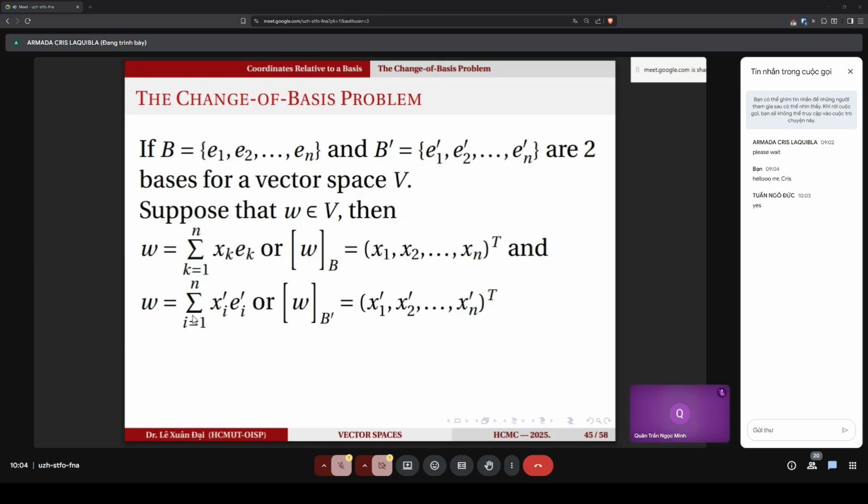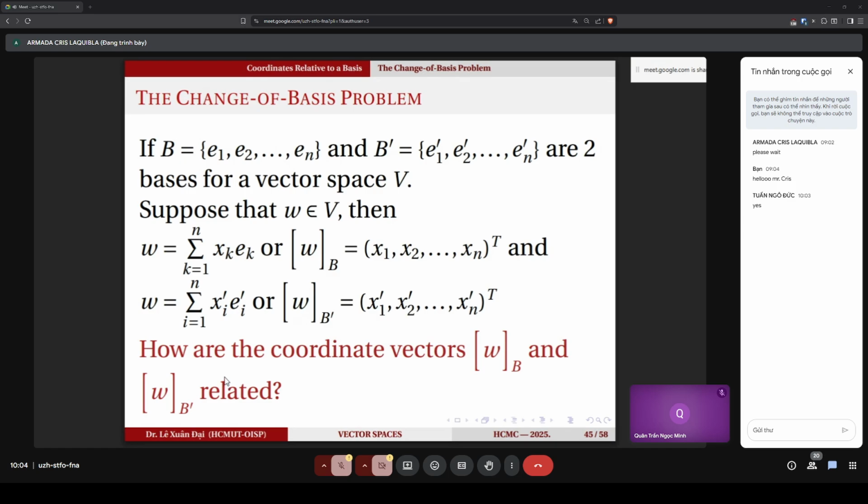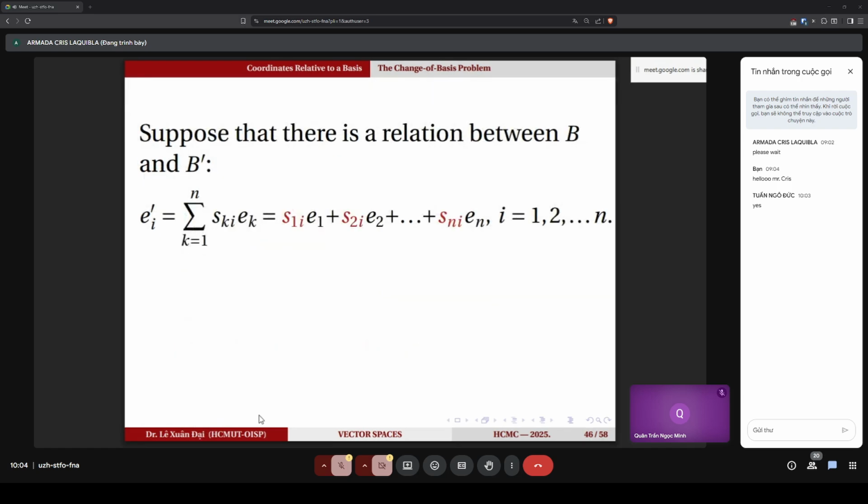And if W is equal to the summation of xi prime ei prime, i from 1 to n, then the coordinate vector of W with respect to B prime is this. Okay, so how are the coordinate vectors w_B and w_B prime related?